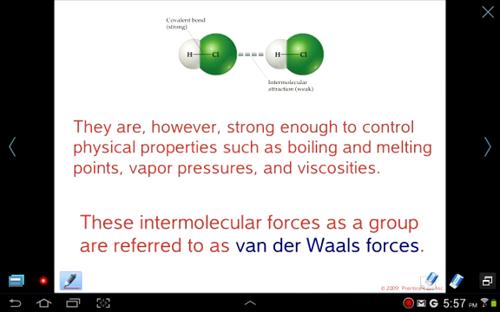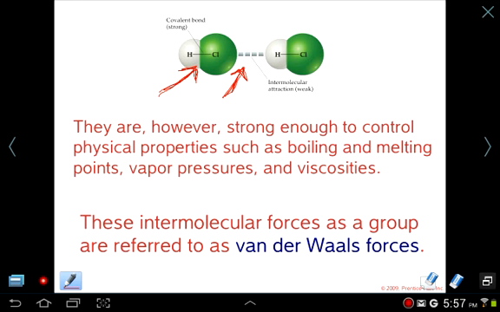So these forces, even though they're weak, so this force right here is weak compared to the covalent bond, which is strong. That's why anytime you heat up a substance, usually you are breaking apart this force. You're essentially boiling a substance and separating the molecules from one another. In order to separate the atoms within a molecule takes much more energy and has a totally different type of reaction.